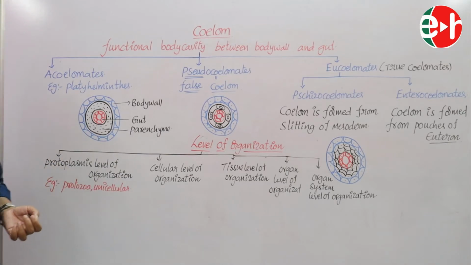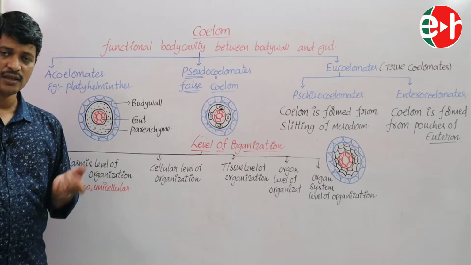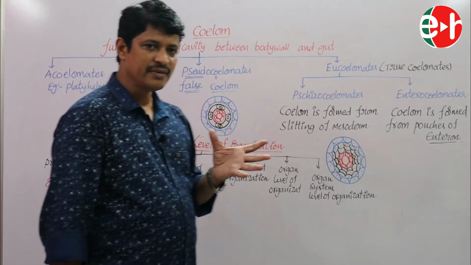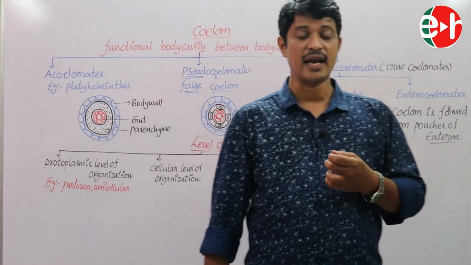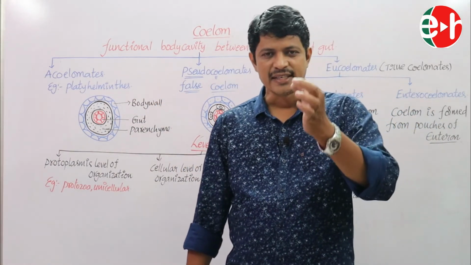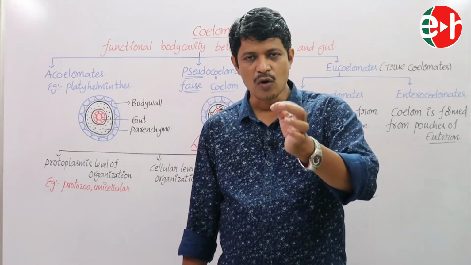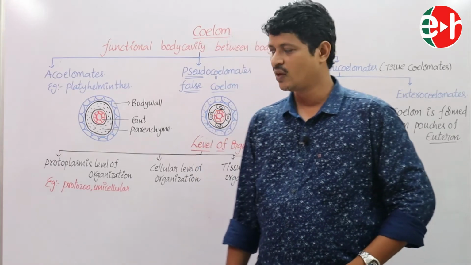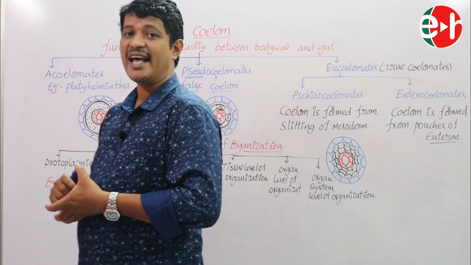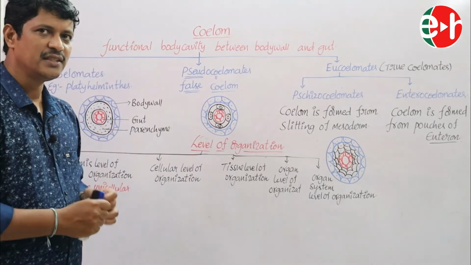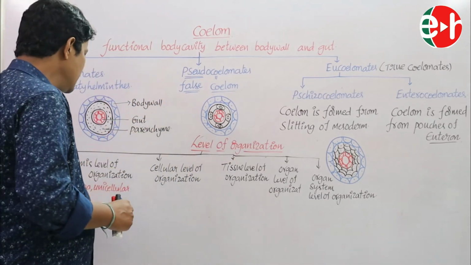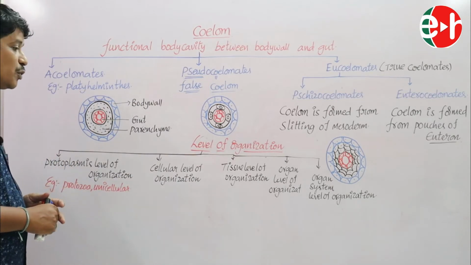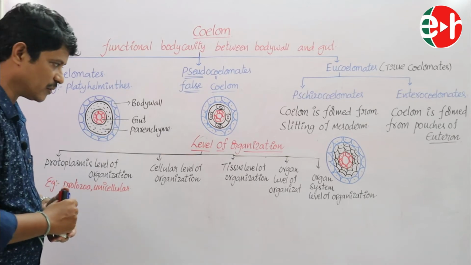See, in protozoa, the life activities, the activities which continue their life, are confined within the boundaries of the structural and functional unit, the cell. This is called the protoplasmic level of organization, which means all the life activities are conducted by the cell only.